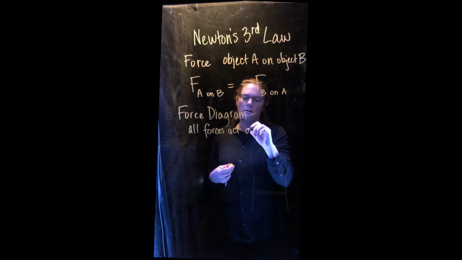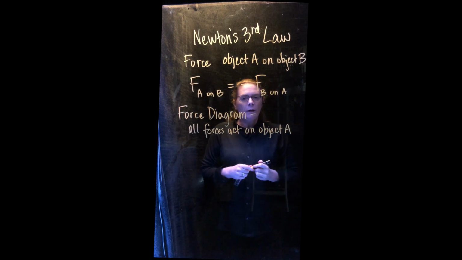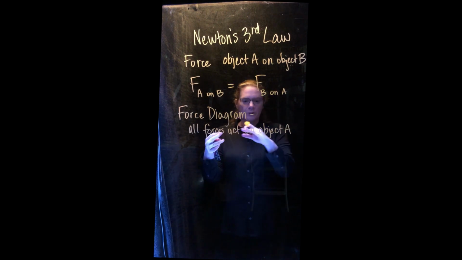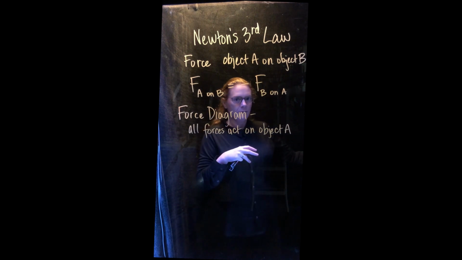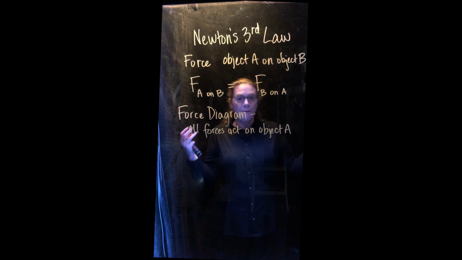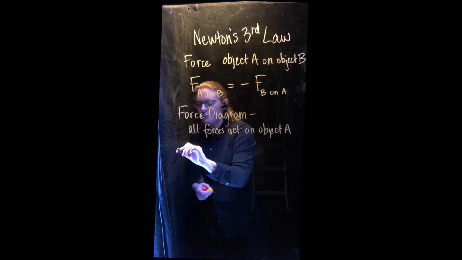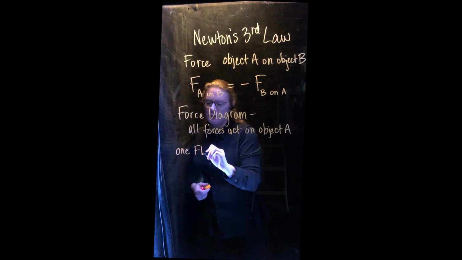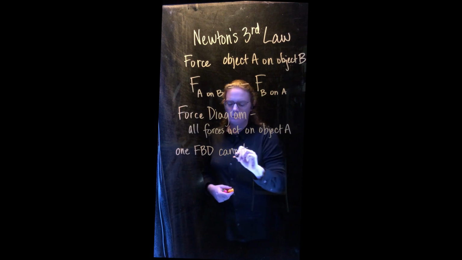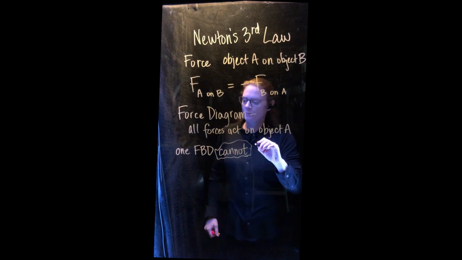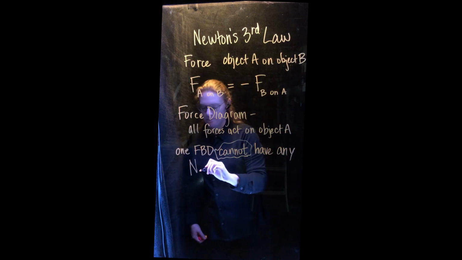All forces that act on, let's just say, object A. So when we have a force diagram of object A, that's all the forces that act on object A. We never do what A does to other things because we only want what A feels, what A has acted upon it. And so a single force diagram, one force diagram or free body diagram, cannot ever, big word here, cannot have any Newton's third law pairs.